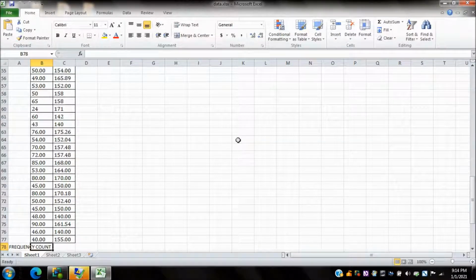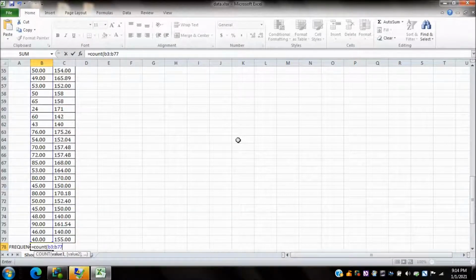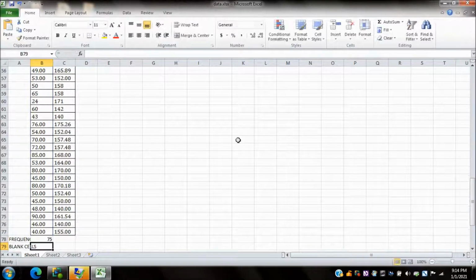So here I'm going to input equals COUNT, and the cell range, which is B3 colon B77. And I'll press enter.